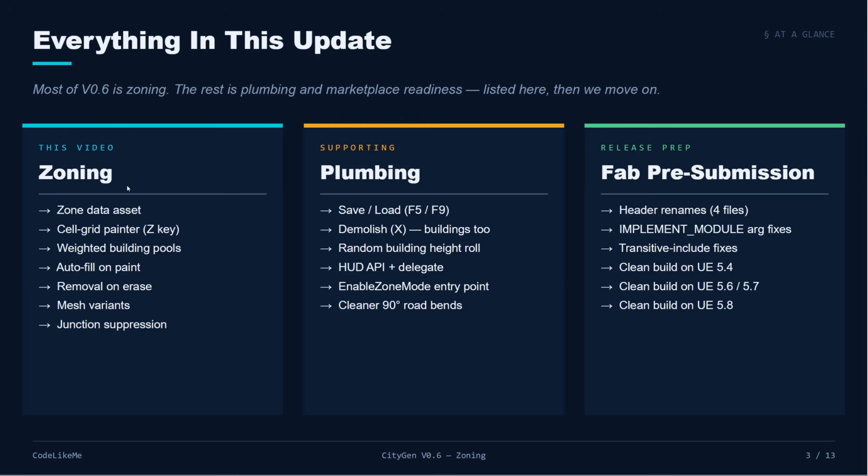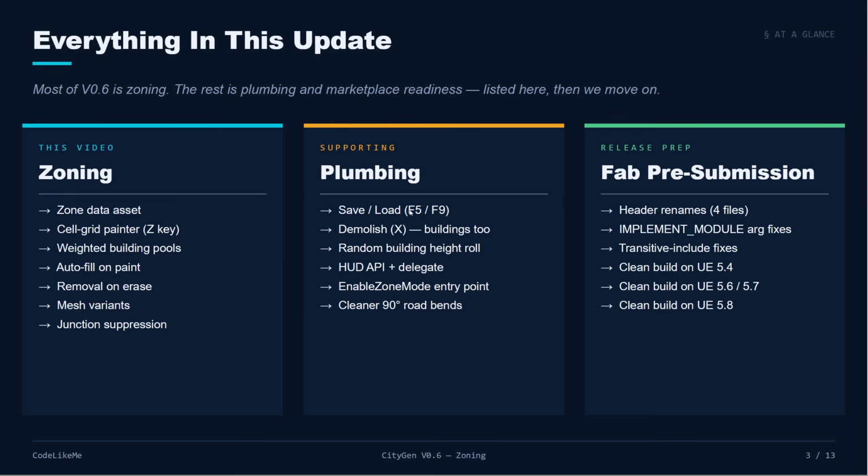So the zoning, and in the zoning you have zone data asset and cell grid painter, weighted building pools, autofill on paint, removal on erase, mesh variance, junction suppression. So to support this zoning feature, these are the supporting or plumbing things that I had to do.